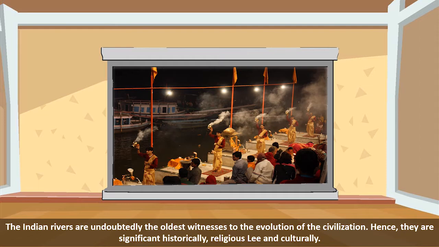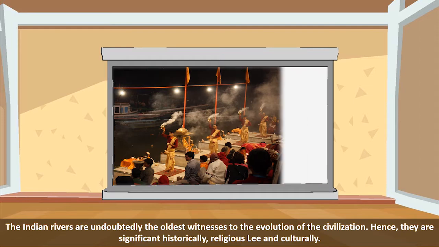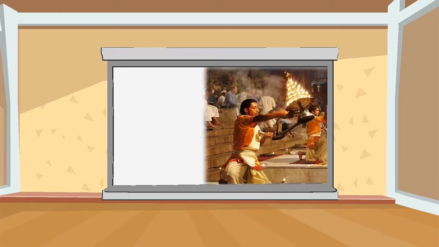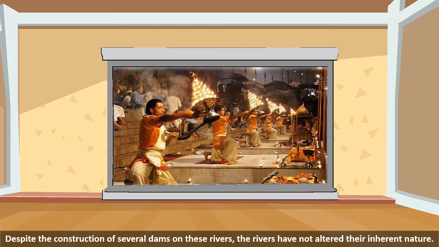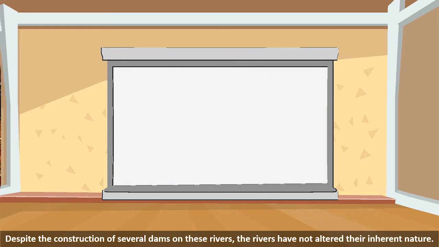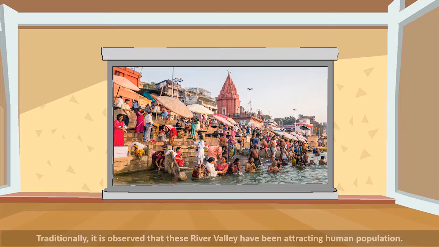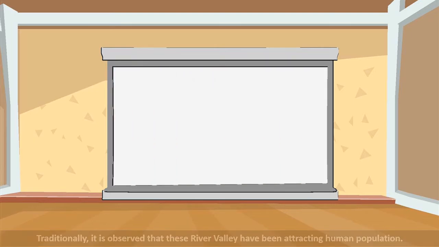But these developments have not restricted the flow and the behavior of these rivers. People in this country believe that they were benefited when they lived on the banks of the rivers. They could practice agriculture with abundant water. They could use these waters for household purposes. Hence, a large population has been observed to be settled on the banks of the river.